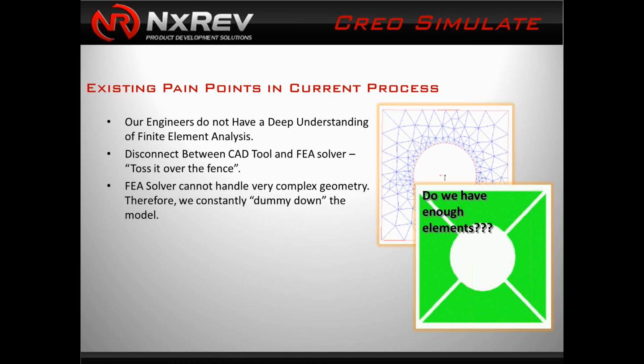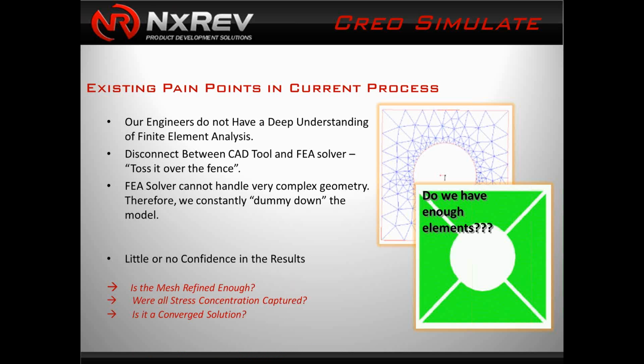Also, having a CAD tool that creates your model and passing it on to an FEA solver creates a disconnect. The problem occurs when you have to edit the original CAD model and it has to be completely recreated in the FEA tool. And typically FEA tools do not want to deal with rounds and chamfers and complex geometry. Therefore, we have to tone down or dumb down the model.